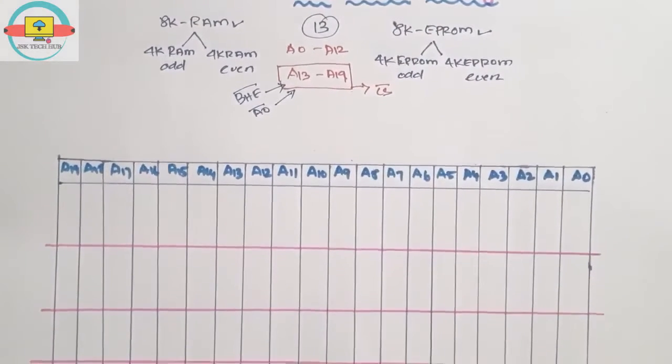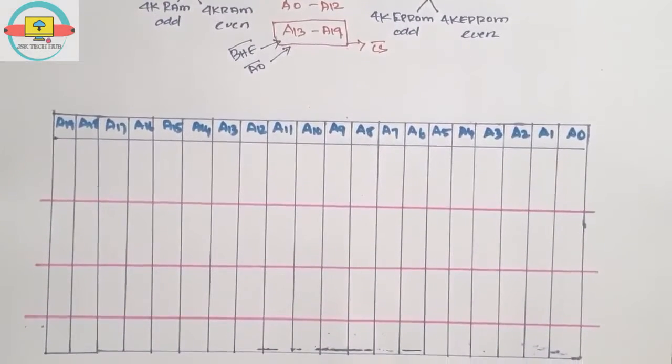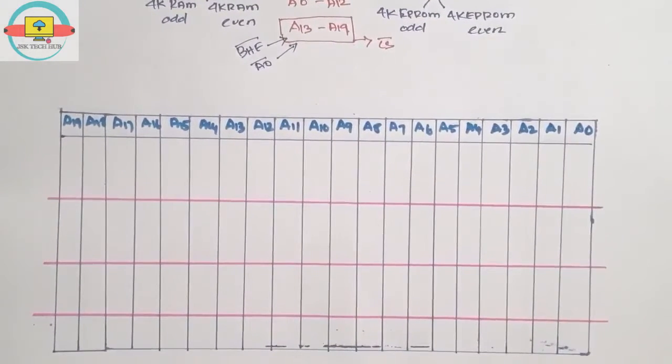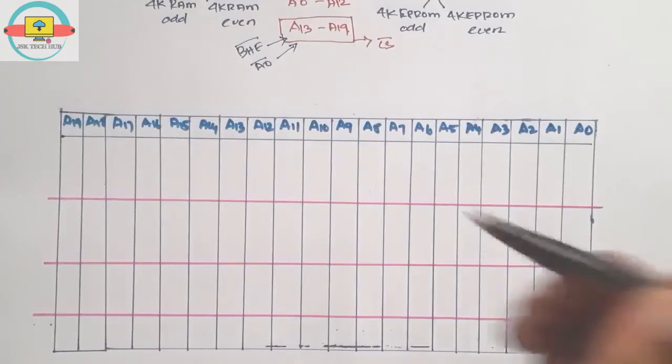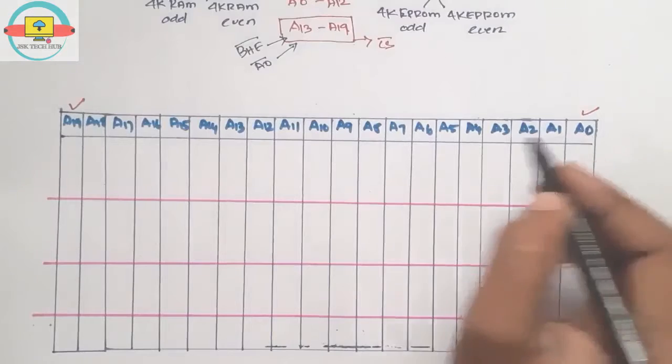This is the address mapping of the Intel 8086 microprocessor. My address lines range from A0 to A19. In this address area, we need only A0 to A12.